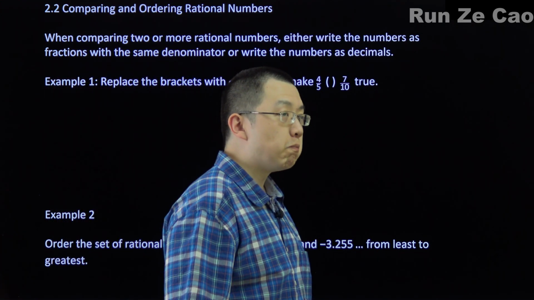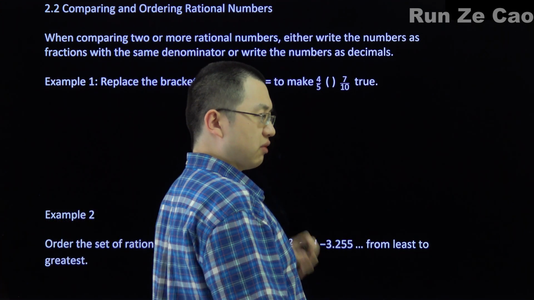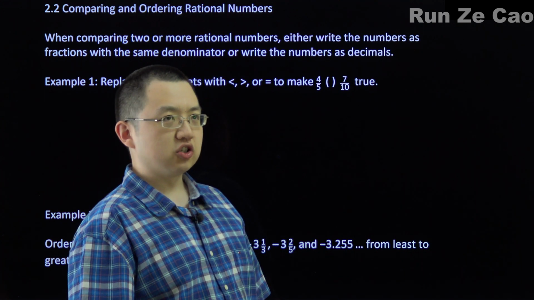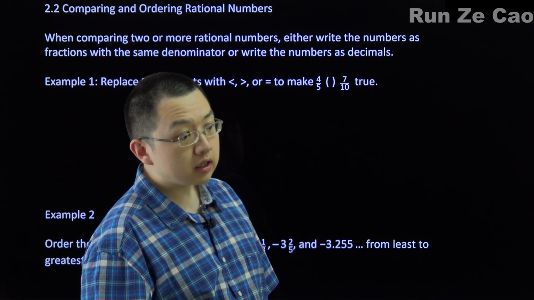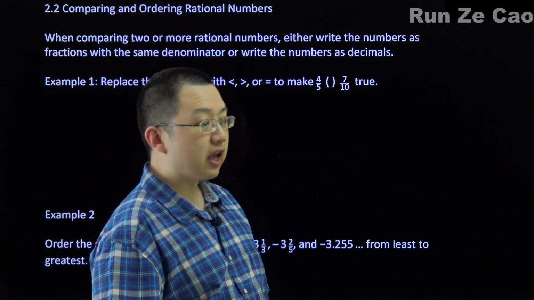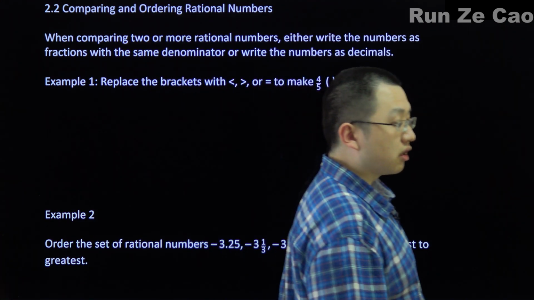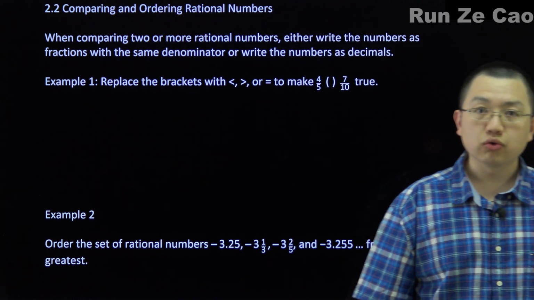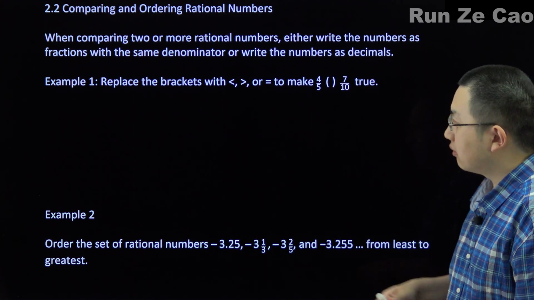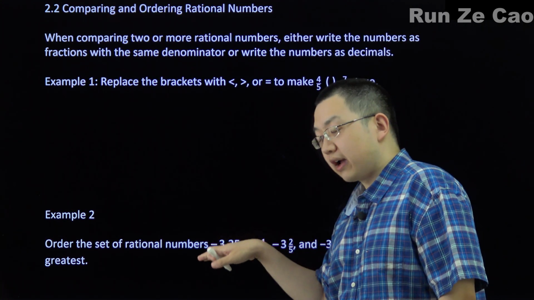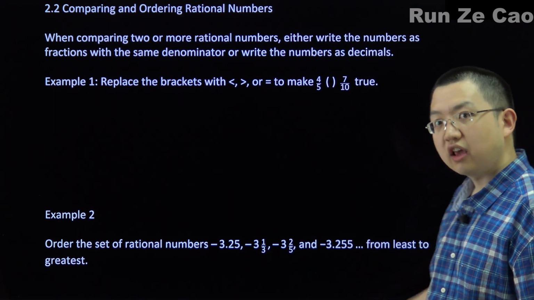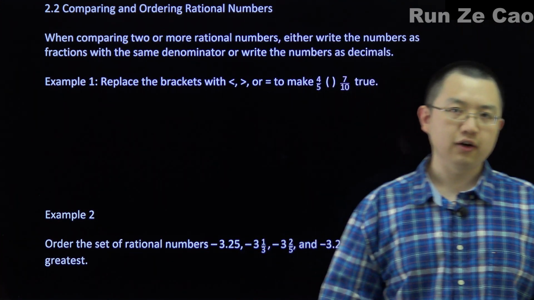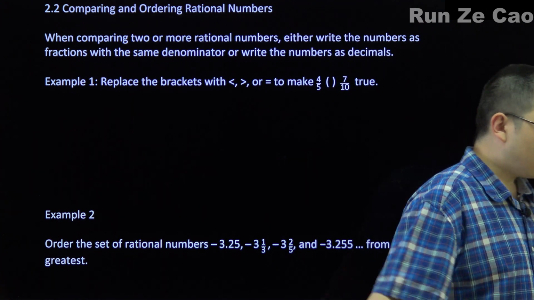A number divided by a larger denominator has a smaller magnitude compared to the same number divided by a smaller denominator, which we'll see a little later.